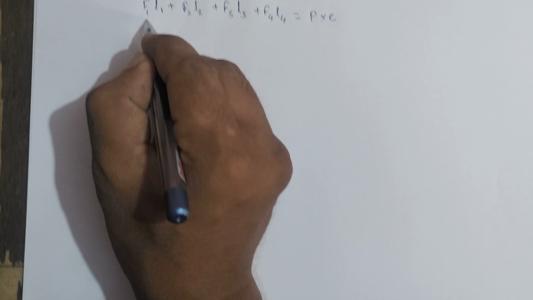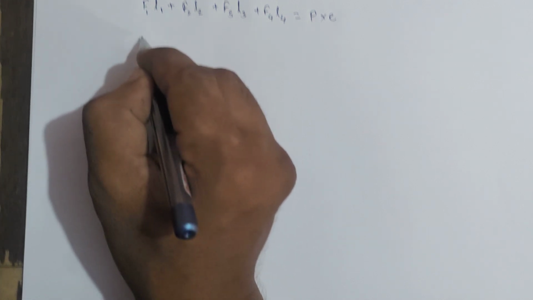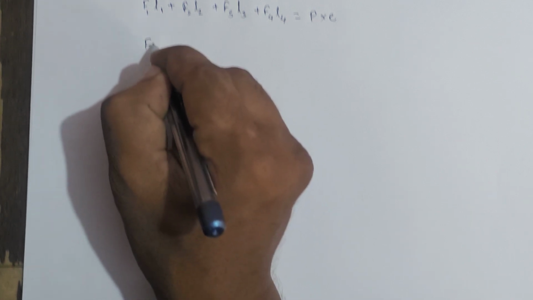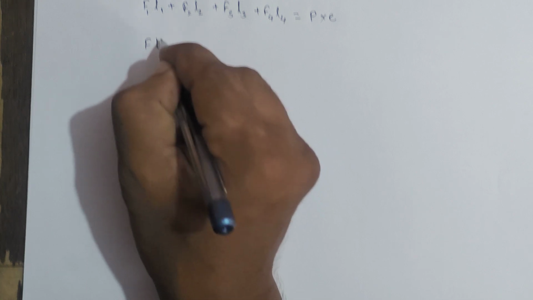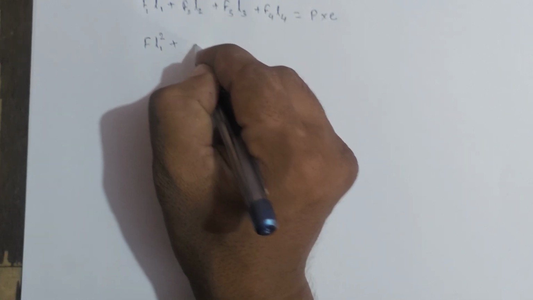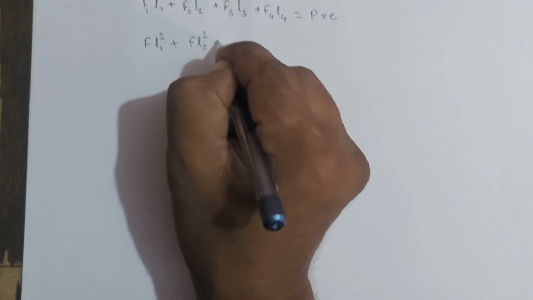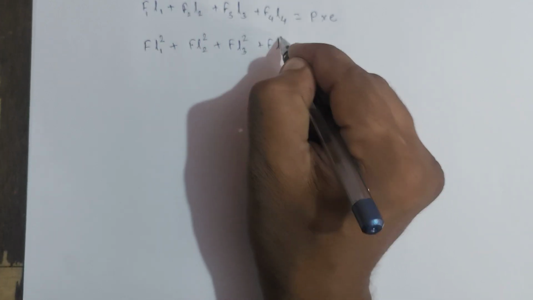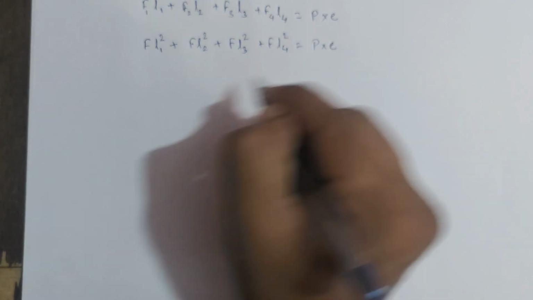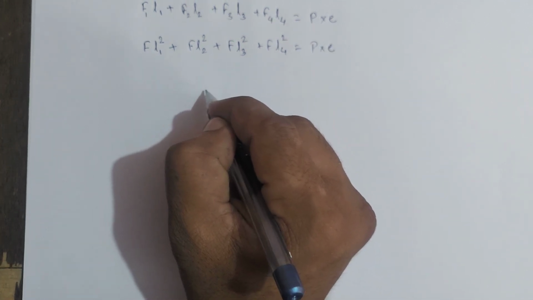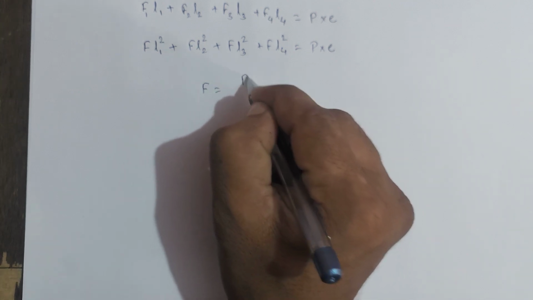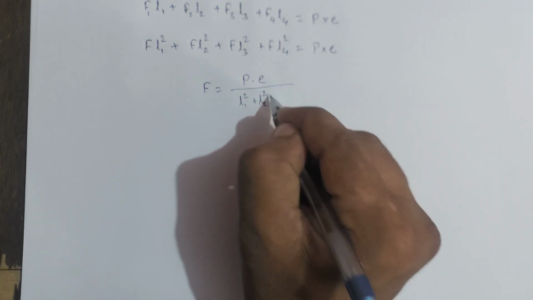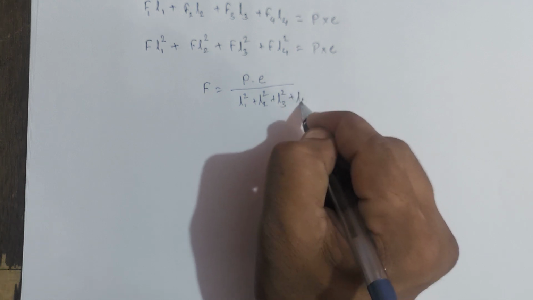But we know that F1 is nothing but F into L1 by adding the proportionality constant, and therefore if you put the value of F1 as F into L1, it will become F into L1 square plus F into L2 square plus F into L3 square plus F into L4 square is equal to P into E, and we can take the F as a constant, and finally we will get F equals P into E divided by L1 square plus L2 square plus L3 square plus L4 square.